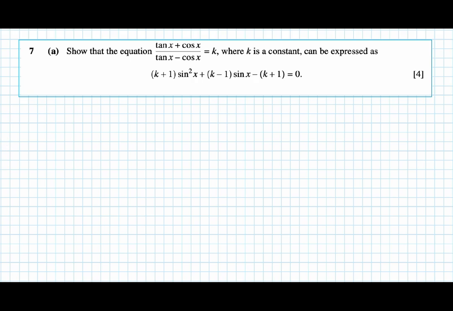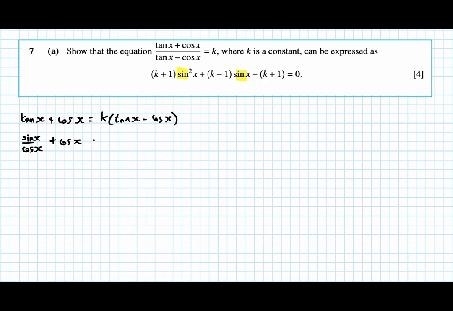Question 7. Okay, so we're looking at a trig identity. So we've got tan x plus cosine x. We'll multiply across first of all. So on the denominator, tan x minus cosine x times k. K is a constant, thank God. And in our answer, we want a number of terms with sine, so we're going to try and transform everything into that.